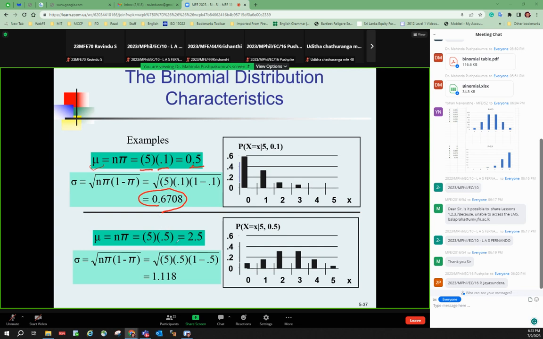Then n is 5, probability of success is 0.5. Then the expected value is 2.5.